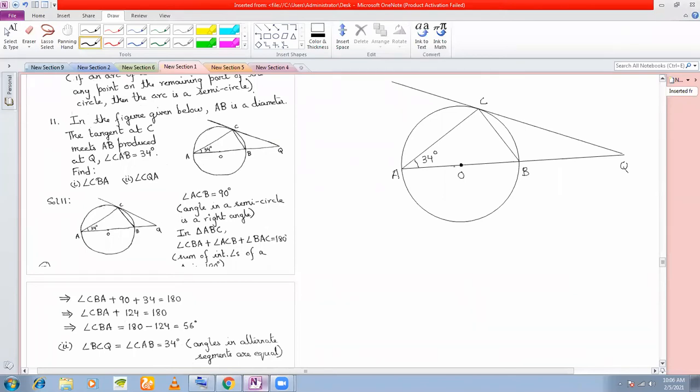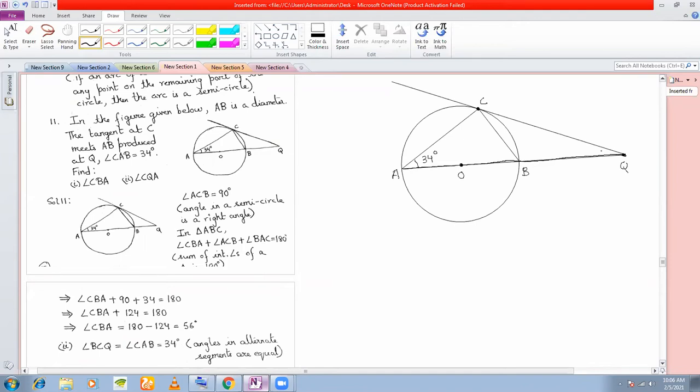The tangent at C meets AB produced. You have the point of contact C, and you have a tangent, and this tangent has been produced till this point Q, and this diameter AB has also been produced so that they intersect at Q.